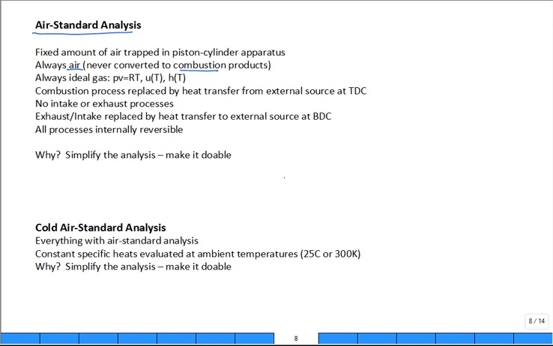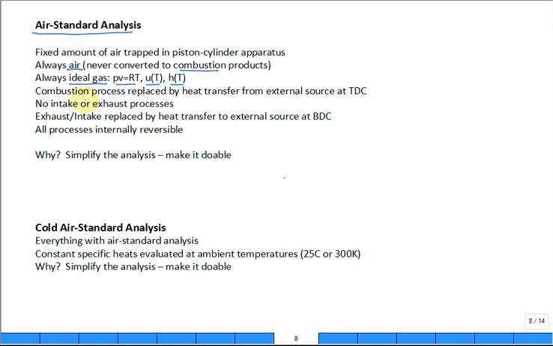We can now model it more easily. It's always an ideal gas, which is a good assumption, even for the exhaust products. So PV equals RT, U is a function of temperature only, and H is a function of temperature only. Those are the 3 things you need to remember about an ideal gas.